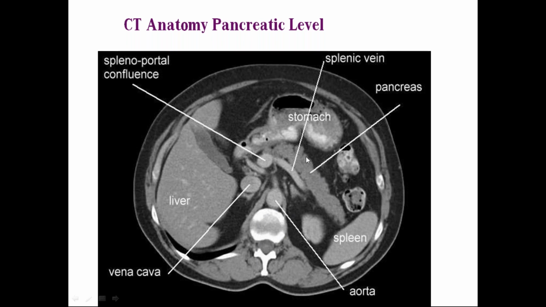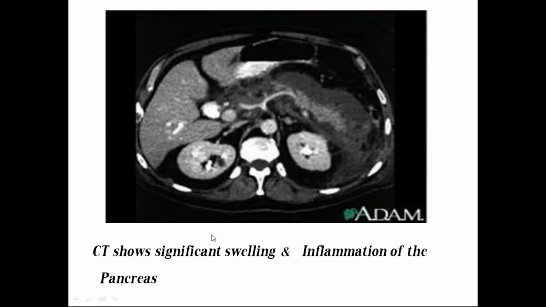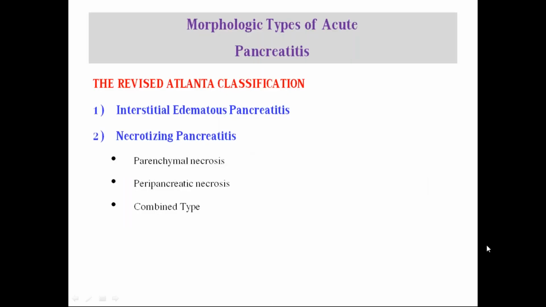This is anterior, and this is posterior, at the level of the aorta, inferior vena cava, splenic vein combining with the superior mesenteric vein to form the portal vein, and the dilated pancreas. So CT scan findings include significant swelling and inflammation of the pancreas.